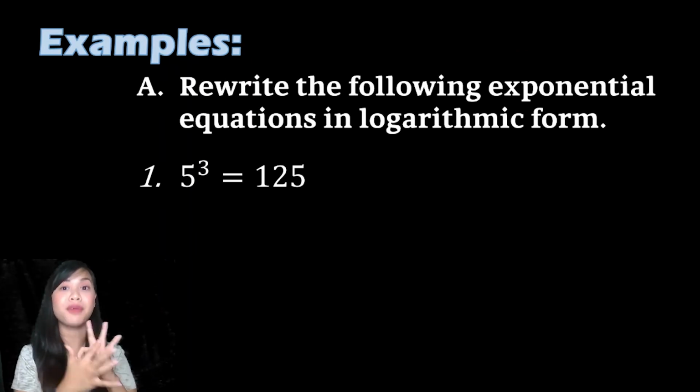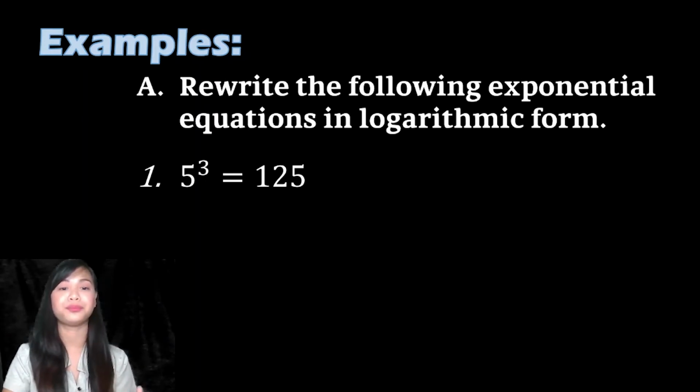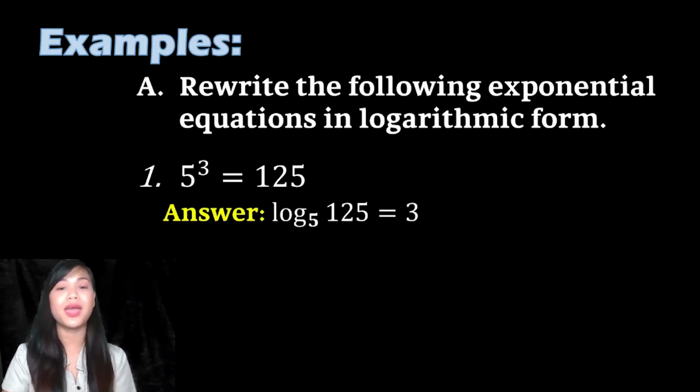Then 25 multiplied by another 5 is equal to 125. So the answer in logarithmic form is log base 5, our base here is 5, our exponent is 3, and the power is 125. So we have log base 5 of 125 equals 3.